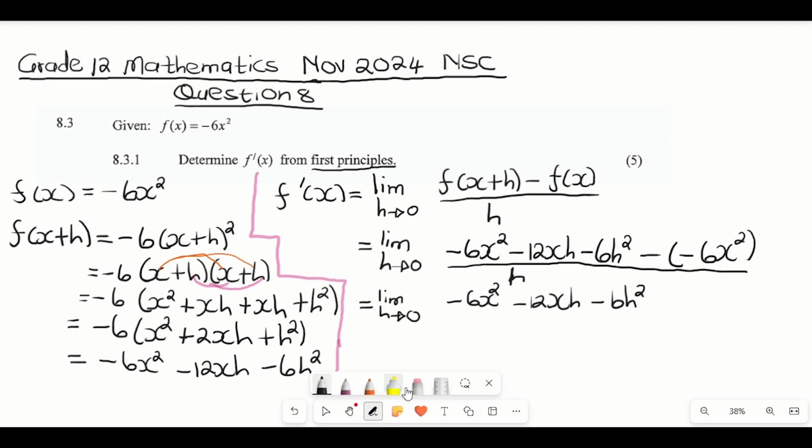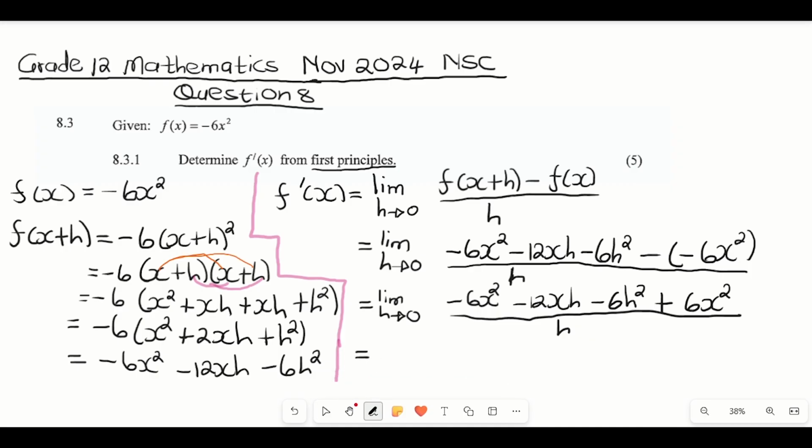Okay, that 6 looks more like a B, so let me just fix it. 6h squared. And then we're going to have minus times minus, which is going to give us a positive 6x squared, all over h.